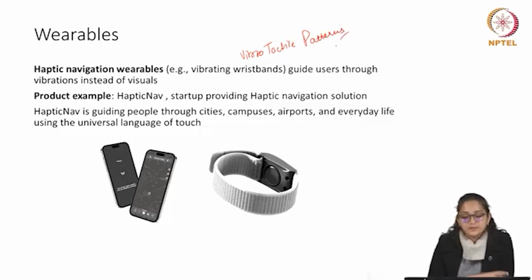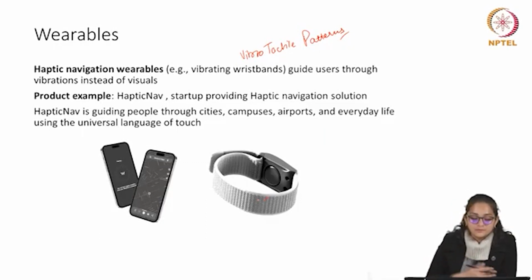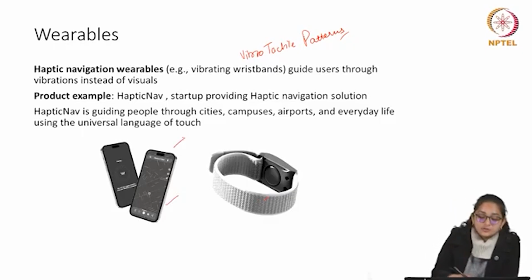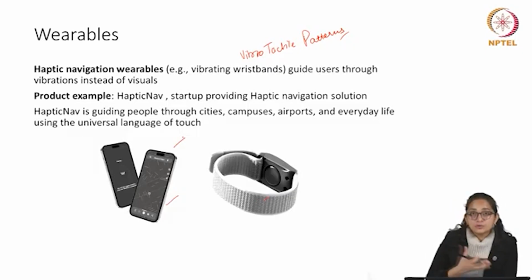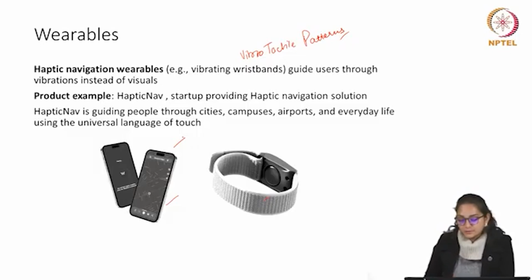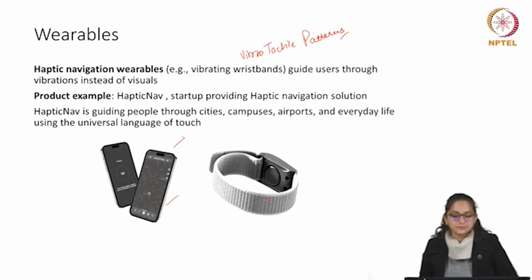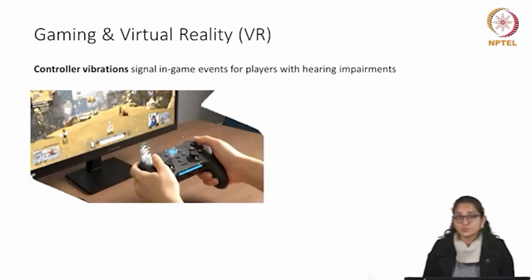For example, HapticNav is providing haptic navigation solutions, guiding people through cities, campuses, airports, and everyday life using the universal language of touch. It's like a navigation system which runs on your phone, also has audio feedback, and also has tactile feedback through a wearable device.